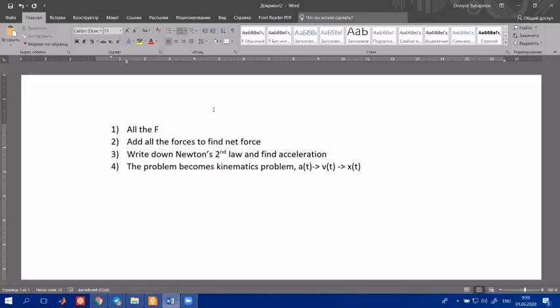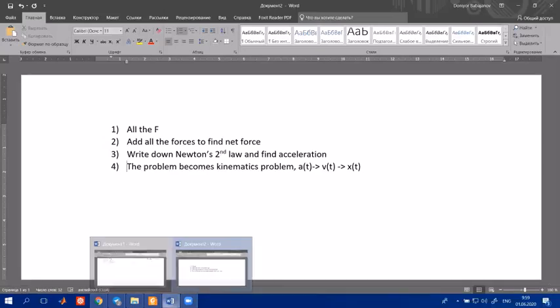Okay, let's apply this algorithm to solve some problem in dynamics.